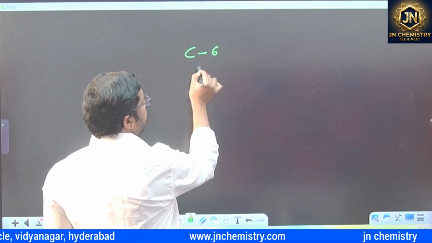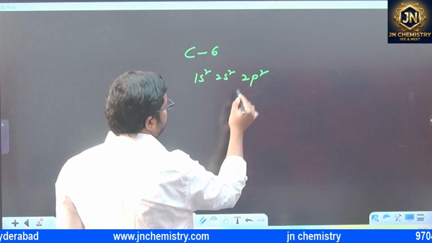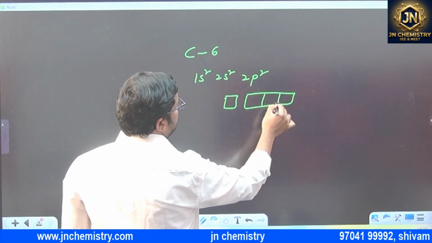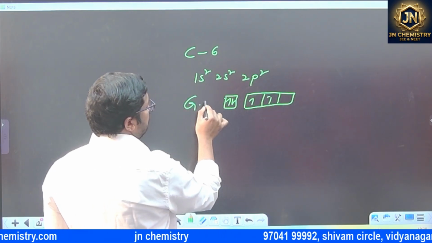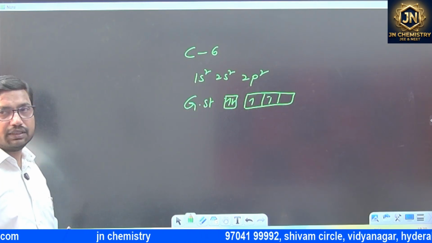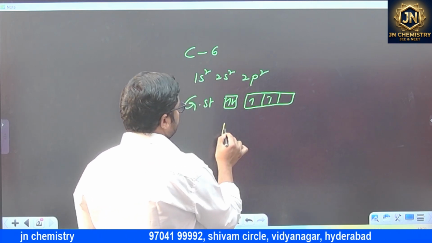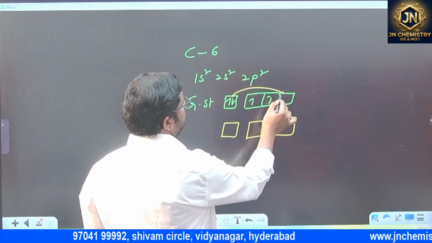Carbon is atomic number 6: 1s2, 2s2, 2p2, right? This is the ground state electronic configuration. In the excited state, what exactly happens? One of the electrons jumps up to the empty orbital.